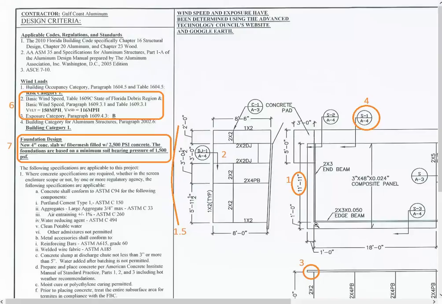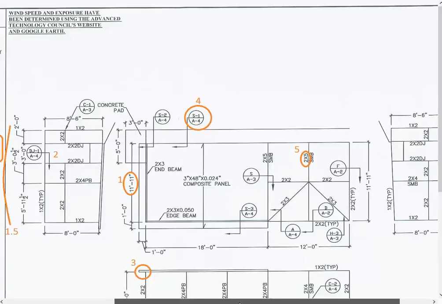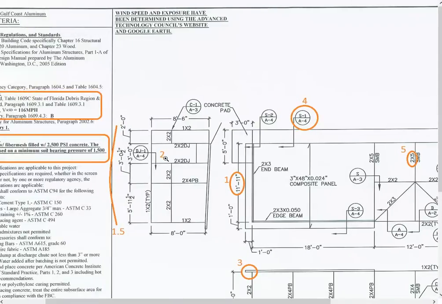And in this case, this structure here is a partial composite panel roof and partial screen roof. So this is like a lanai with an open screen area. And in this case, there's even a little bit more overhang for the aluminum roof over here, which we'll cover as we go on.